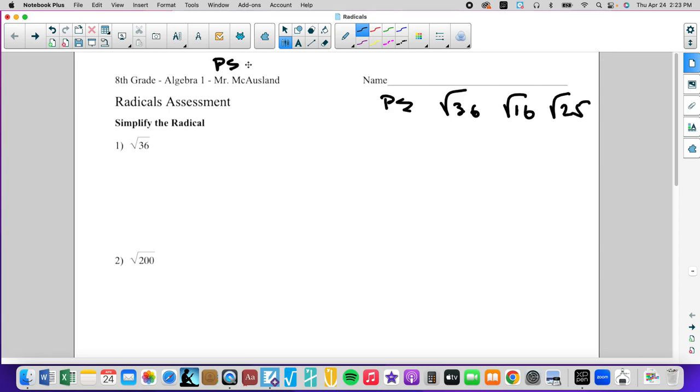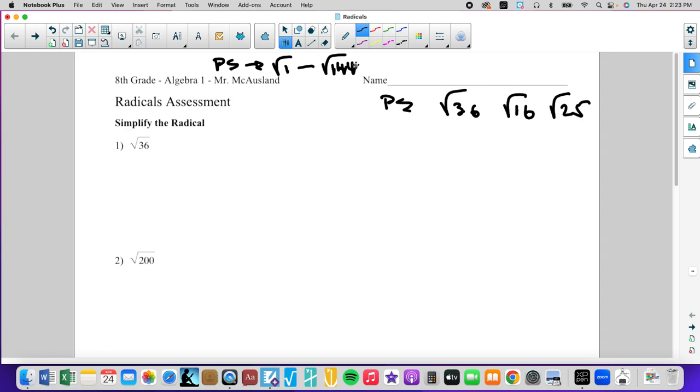Everybody should know perfect squares between the square root of 1 to the square root of 144. Those are the ones that you should probably know. You should probably know it all the way up to square root of 400, which is 20. That's a perfect square.